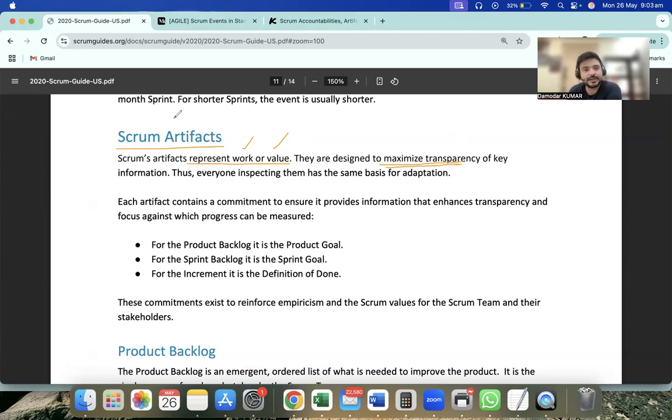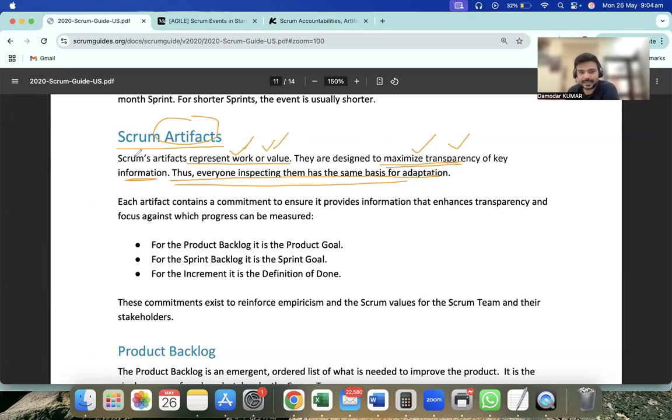The Scrum artifacts represent work or value, and they are designed to maximize transparency of key information. Thus, everyone inspecting them has the same basis for adaptation. I told you before multiple times that if you remember the three pillars, they will come back and forth, everywhere.